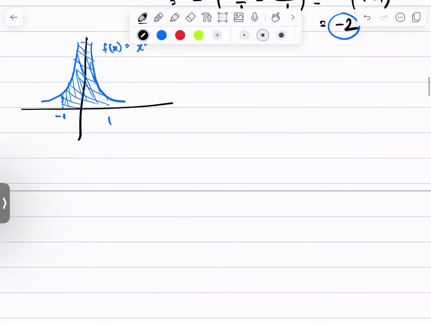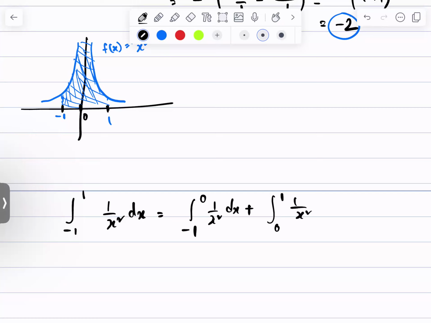And maybe another student deals with this like this. Maybe he just splits the integration from minus 1 to 0 and 0 to 1, right? So he's basically considering this subinterval and then from 0 to 1, the other subinterval. And you have 1 over x squared dx, just like before.